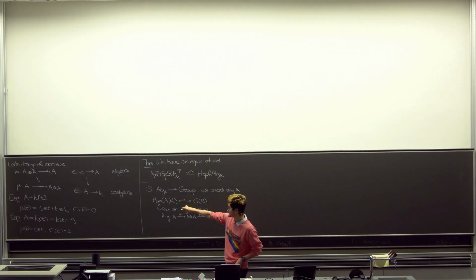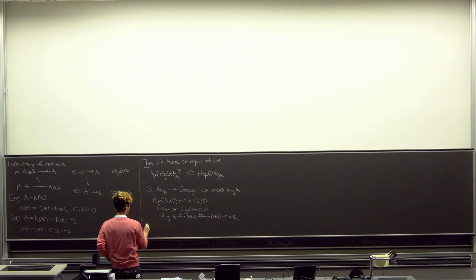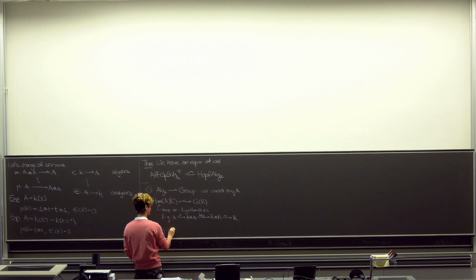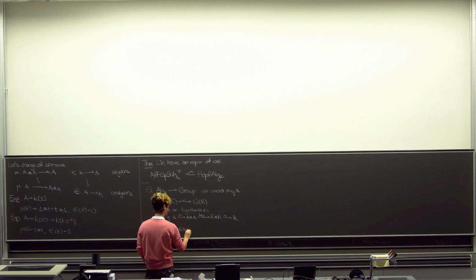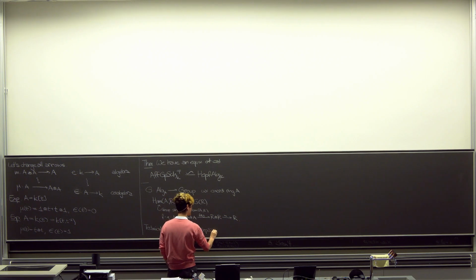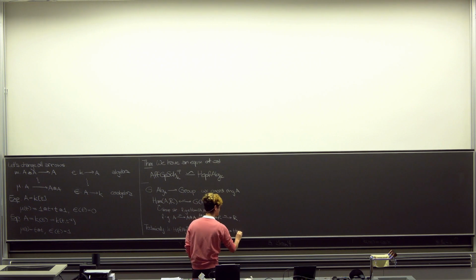What technically happens here is that I have an explicit functor which goes from the Hopf algebras over K to the category of affine group schemes, or here, op affine group schemes over K, where I send a Hopf algebra to this functor.